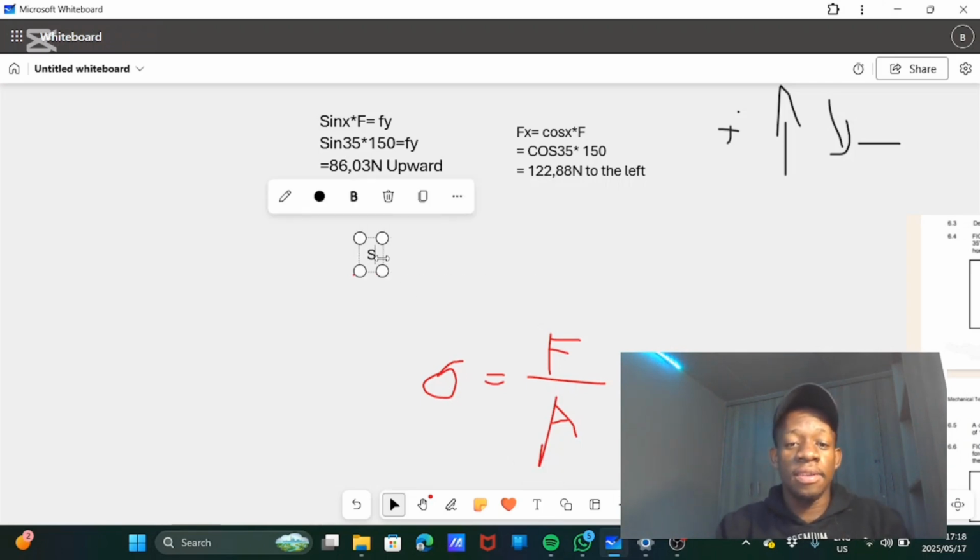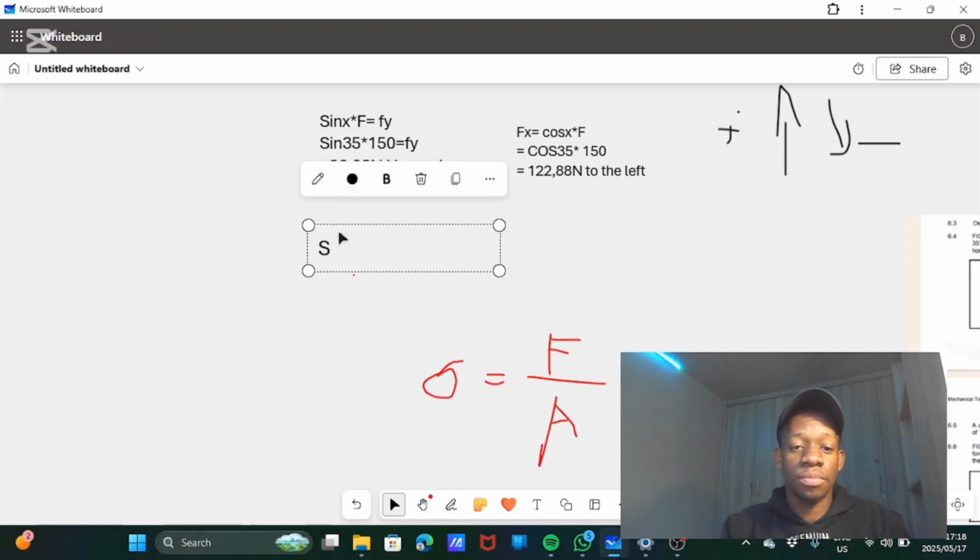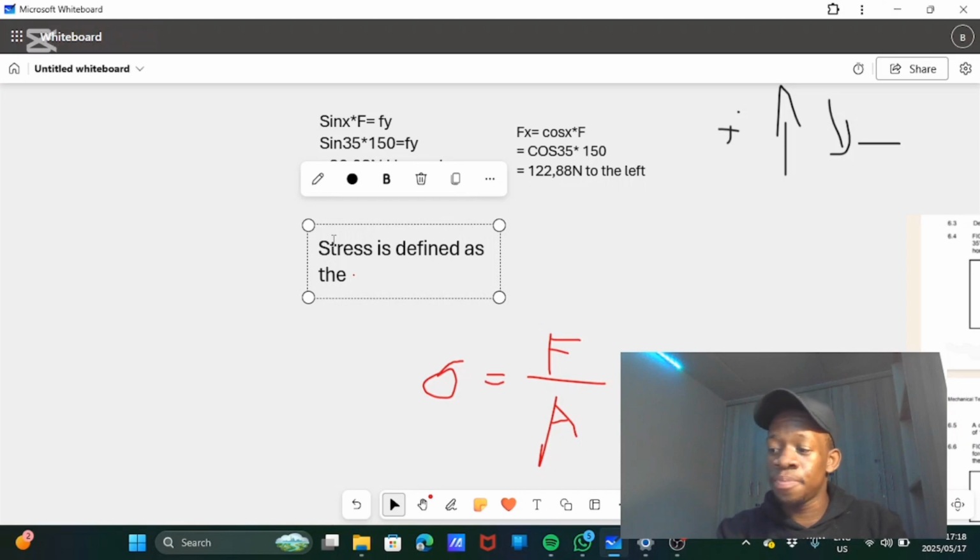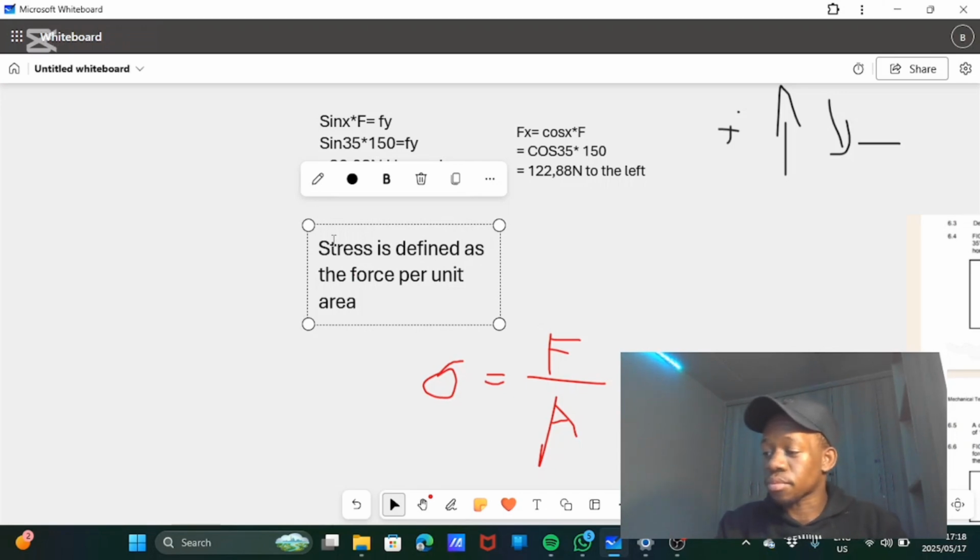Stress is defined as the force per unit area within materials.